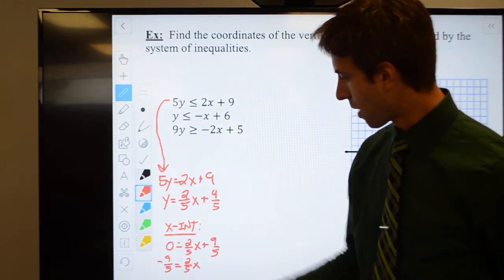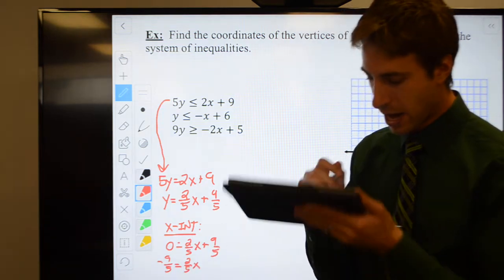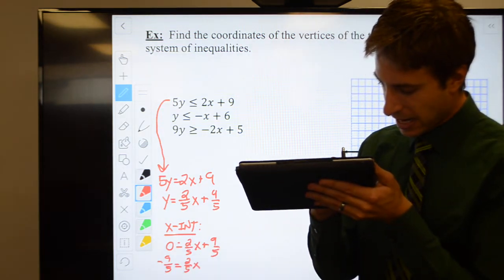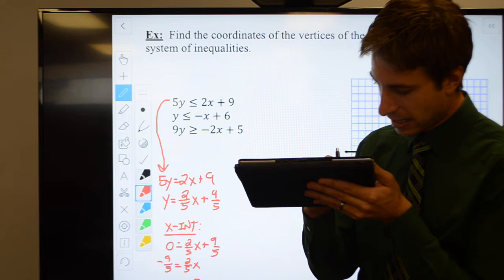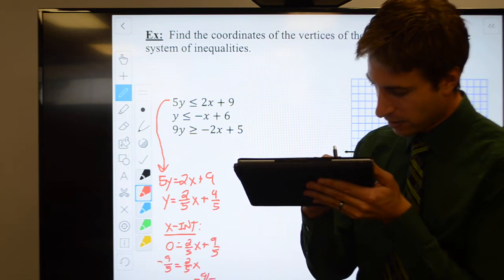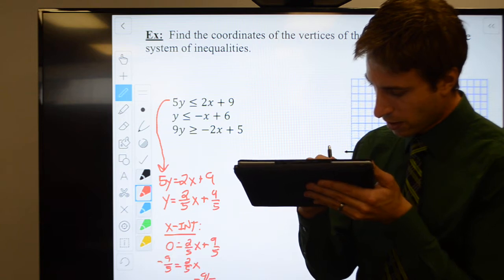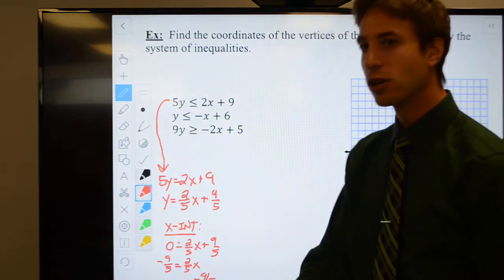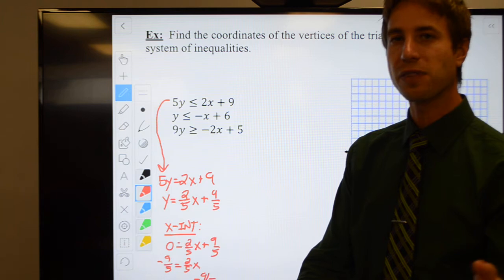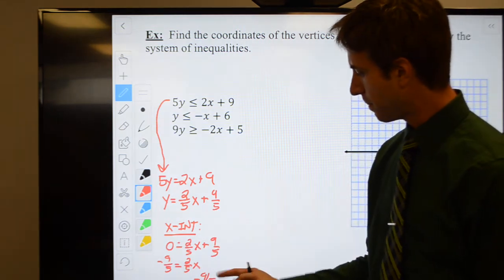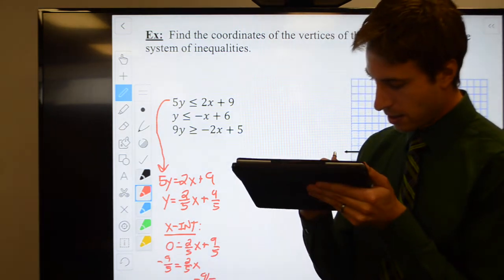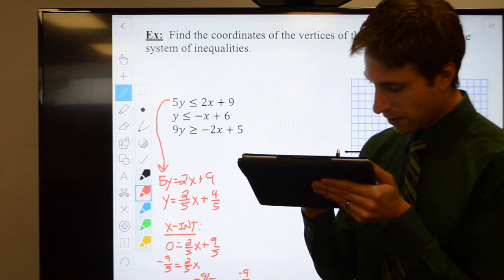Since I'm multiplying by 2/5, I divide by 2/5 and I get x is equal to a negative 9/5 divided by a positive 2/5. Well, this is the good old keep it, change it, flip it from middle school. You keep the top fraction, negative 9/5.